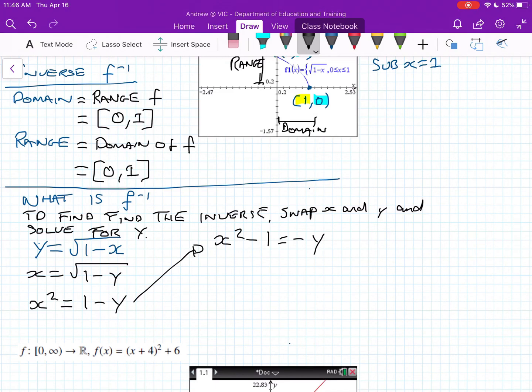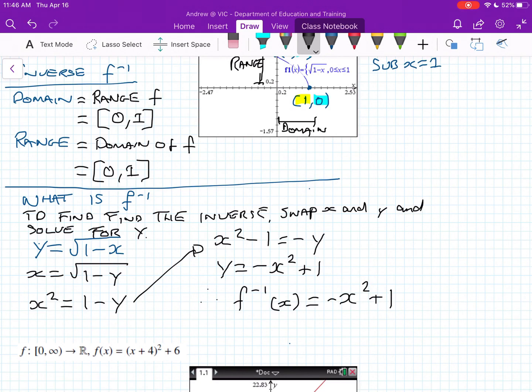And to get rid of negative y, remember you multiply or divide by negative 1. So you make sure that you multiply everything here. So I'm just going to put y back on this side. y is equal to, so x squared times negative 1 is negative x squared, and then minus 1, so plus 1. Okay, so therefore f to the negative 1 of x is equal to negative x squared plus 1.